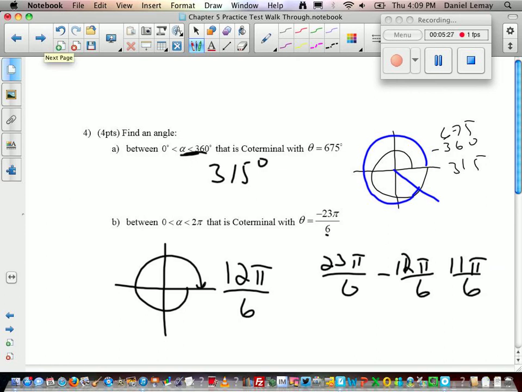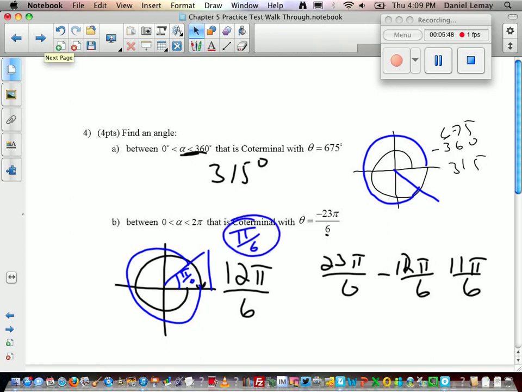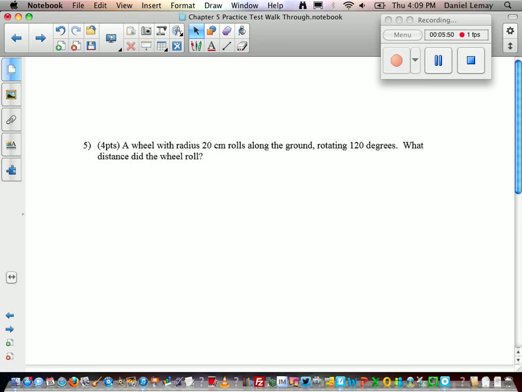Well, 23 minus 12 is 11. So that's not quite all the way around again. So that's right there. I know my reference angle is pi over 6. Because that would be another pi over 6 would make it 12 pi over 6. So the coterminal angle in that range would have to be pi over 6.